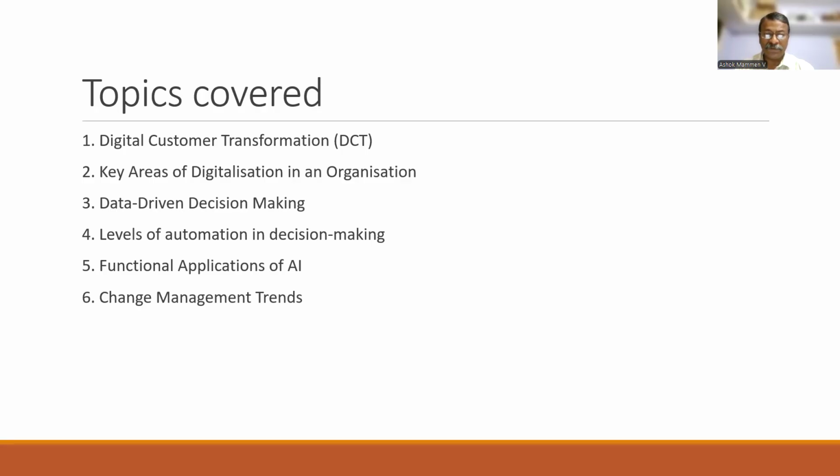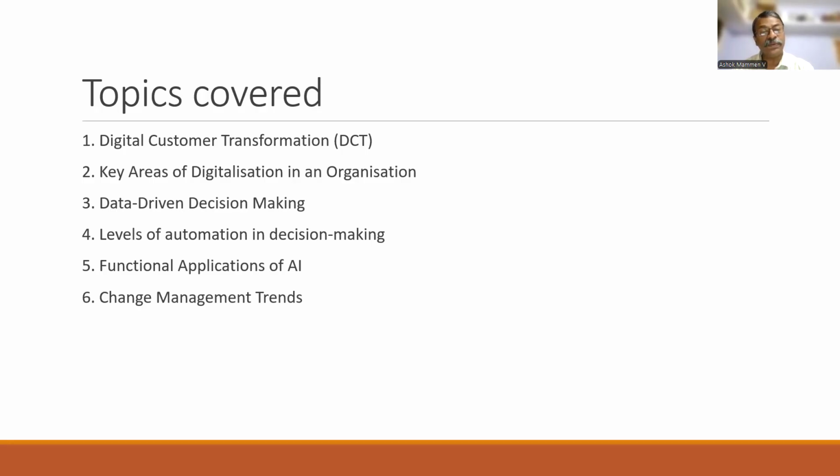Then we look into the different levels of automation in the decision making process. We look into the different functional applications of artificial intelligence, and we finally talk about the change management trends that are happening in organizations. So these are the topics we are going to cover.